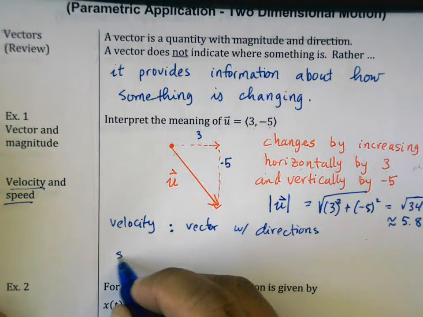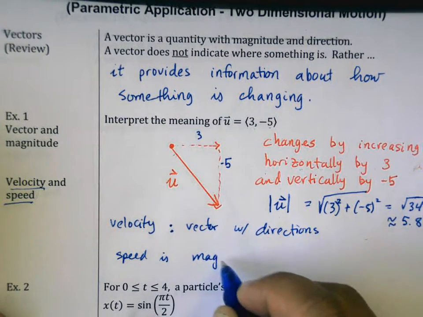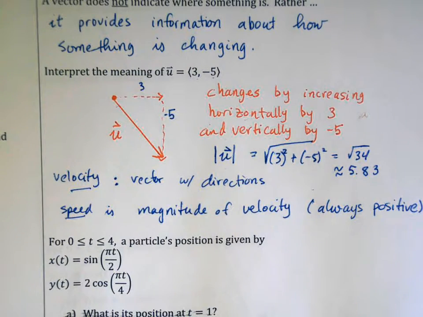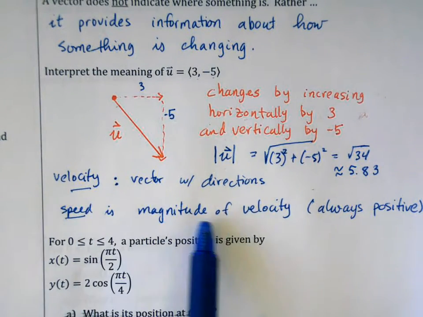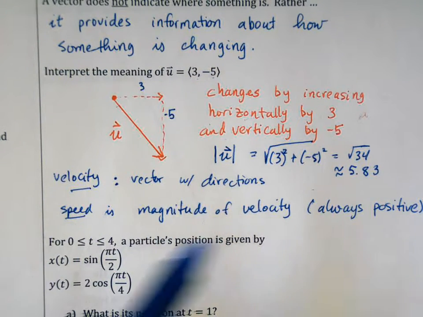But its speed is the magnitude of velocity. In physics, speed is the magnitude of velocity, and speed is always positive. This is not some equation or concept that I'm deriving. This is really just a definition. In physics, when we say velocity, it means that the velocity is a vector with direction.